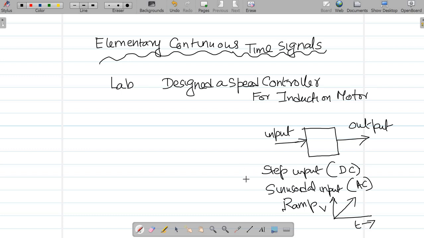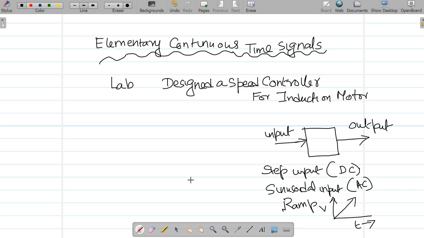Any arbitrary voltage can be thought of as a summation of a step input and a sinusoidal input. Which implies that we should study the response to the step input, sinusoidal input, ramp input, and a few other test signals that are available.